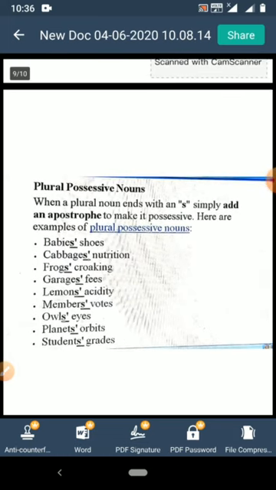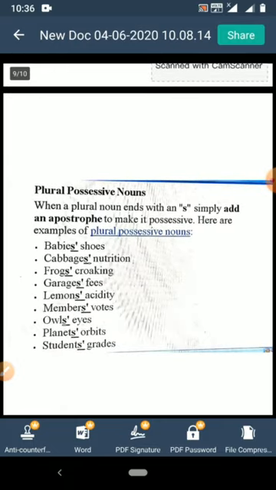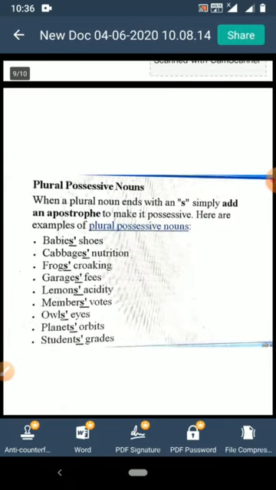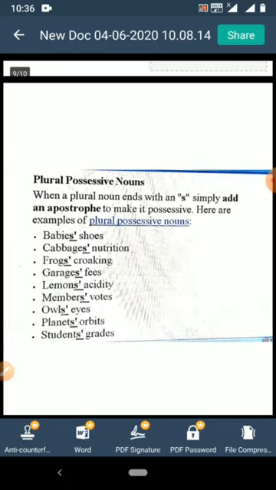Babies' shoes. Cabbages' nutrition. Cabbages, again, is a plural word ending with S, so the apostrophe will come after S. Frogs' croaking.